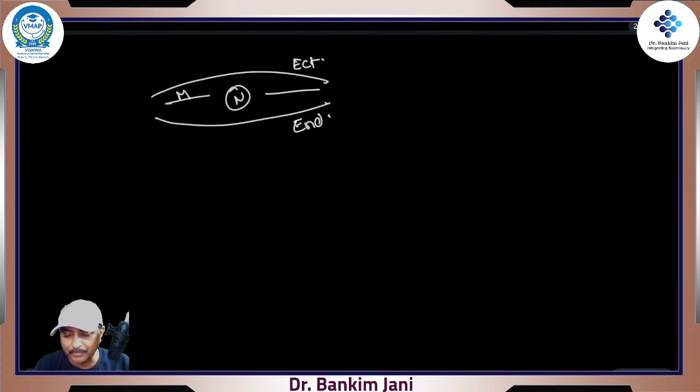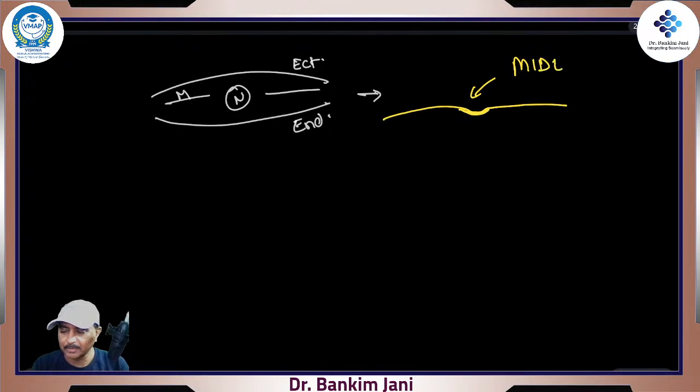The ectoderm will go like this, and it will lead to midline thickness. This is thickened. This is the midline thickness.